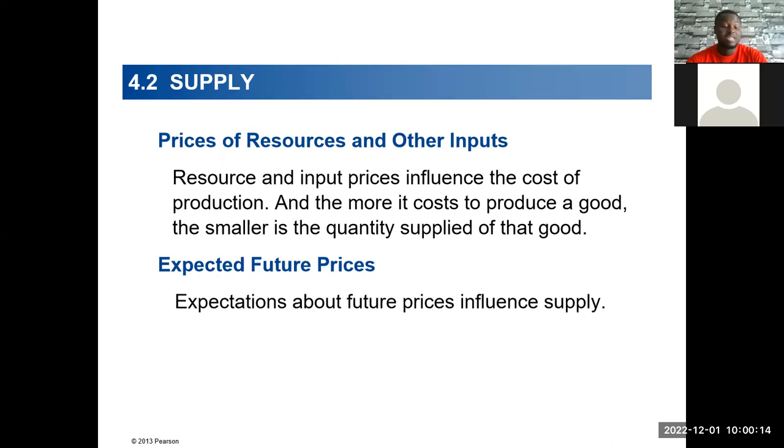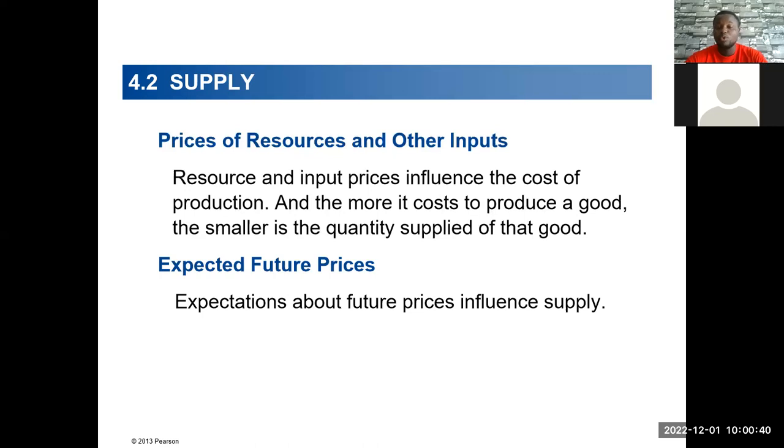Expected future prices. If you go to the fuel industry, they will be selling the fuel for people. As soon as they hear there's going to be an increase, they will tell you that there's no fuel. There's no fuel, so go. Later, then you come. But then there will be fuel. Why? It's because of the effect of expected future prices. When they expect that prices are going to increase in the future, they will hoard their things.